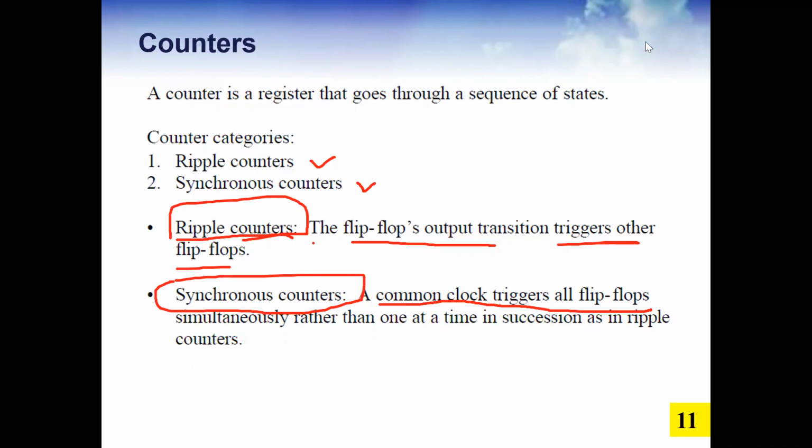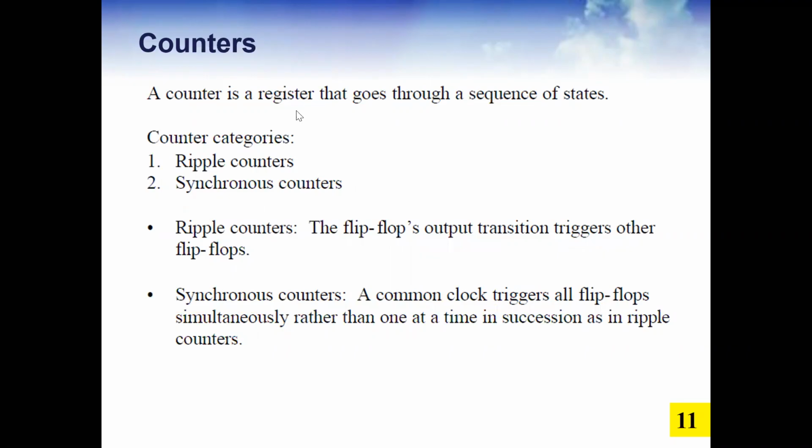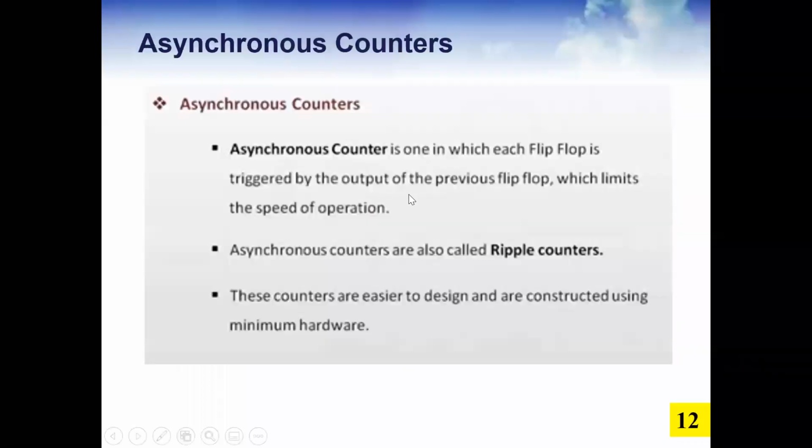So a ripple counter or asynchronous counter is one in which each flip flop is triggered by the output of the previous flip flop. Keep in mind, this is an important point. The output of one flip flop is going to trigger the next state. Because of it, it has limited operation.